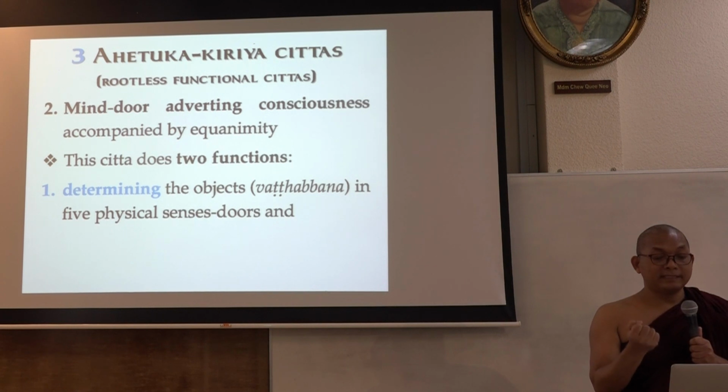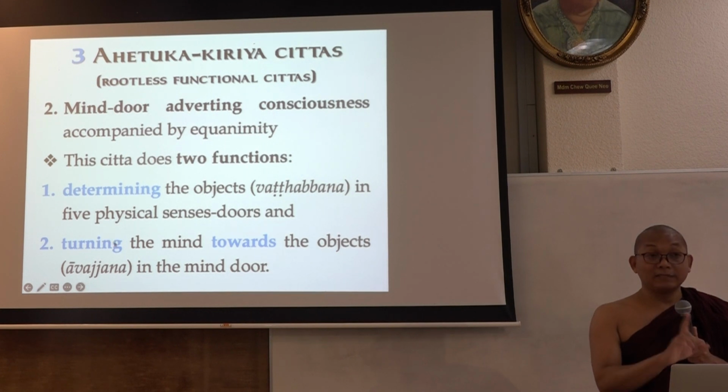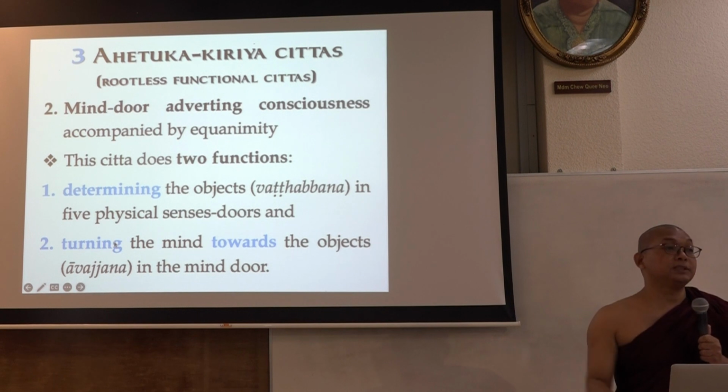So in the five physical sense doors, this chaita, mind door adverting consciousness, is called determining consciousness, determining function. Then in the mind door, turning the mind toward the object in the mind door is another function, we call it adverting function.